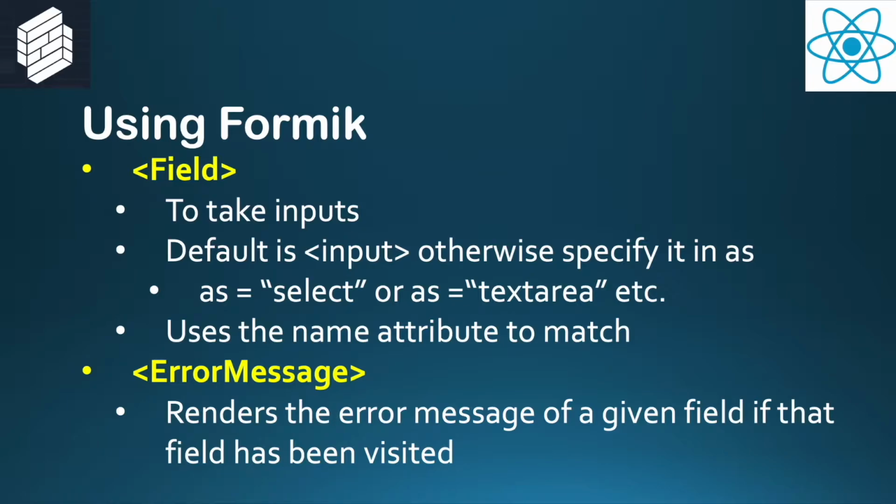And the name attribute you give to the field is used to match. Also there is an ErrorMessage which renders the error message of a given field if that field has been visited. So these are the two things we typically define for each input field: the Field and the ErrorMessage.